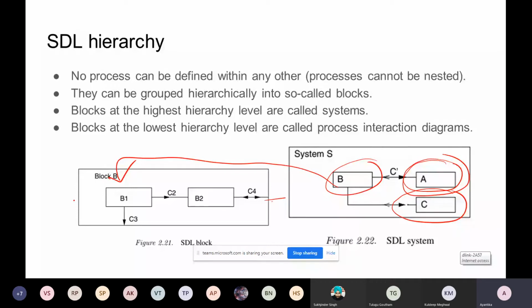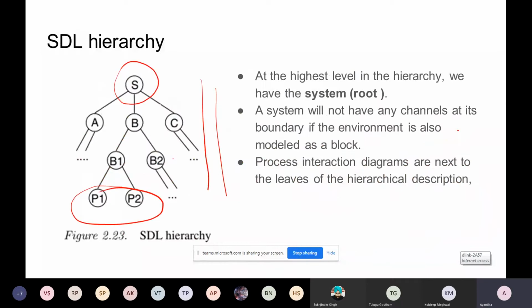That's why it is written that blocks at the highest level are called systems. I think you can understand this is the highest level. And at the lowest level, you are considering the process interaction diagram. Blocks to sub-blocks, then sub-blocks to subcomponents, then to processes, and at the root level, that is the process interaction diagrams, whatever processes you have and how you are interacting with them.